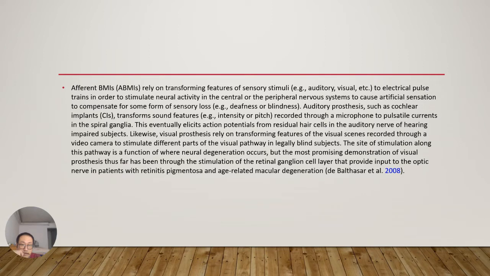Auditory prostheses, such as cochlear implants, transform sound features recorded through a microphone to pulsatile currents in the spiral ganglia. This eventually elicits action potentials from residual hair cells in the auditory nerve of hearing-impaired subjects. Likewise, visual prostheses rely on transforming features of the visual scenes recorded through a video camera to stimulate different parts of the visual pathway in legally blind subjects.